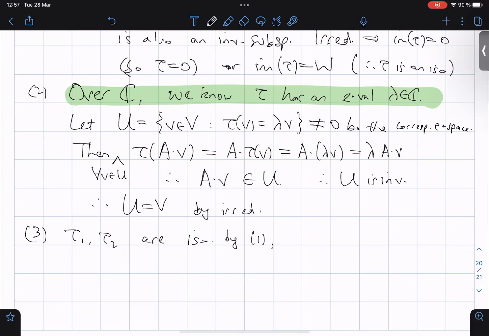So they're going from V to W. So I can consider the inverse, tau1 composed with tau2 inverse. Sorry, that's going from W to, okay, so let's try this again. We want a map on V, right?